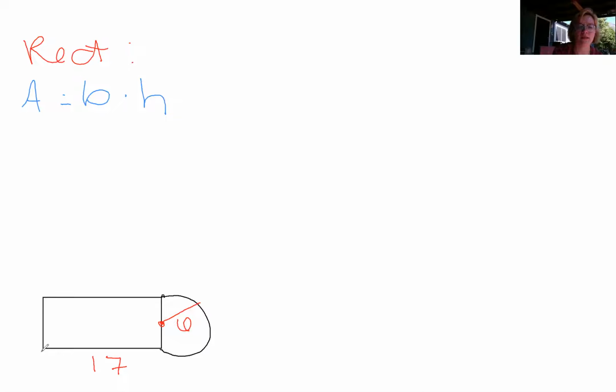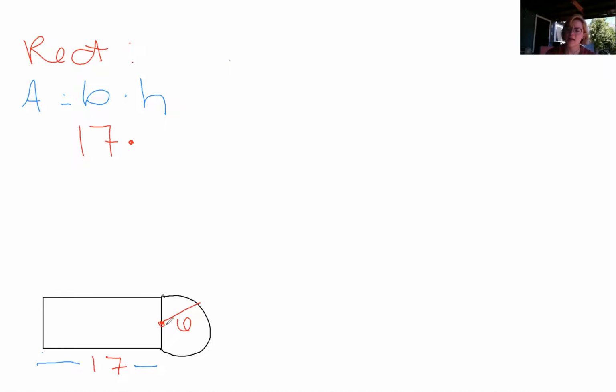Well, we can see here that my base is the 17. So I'm going to go ahead and substitute 17 in for my base. Now the height is going to be a little different. How do we figure out the height here? Well, for that, we're going to look at the side right here, okay?